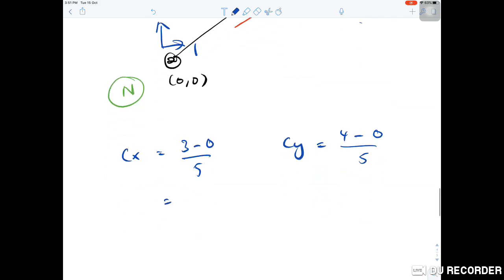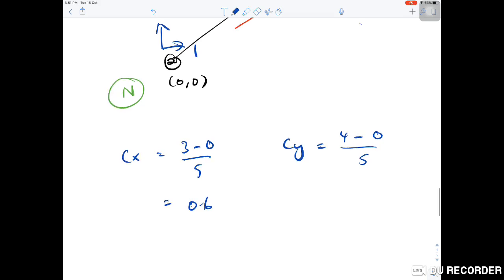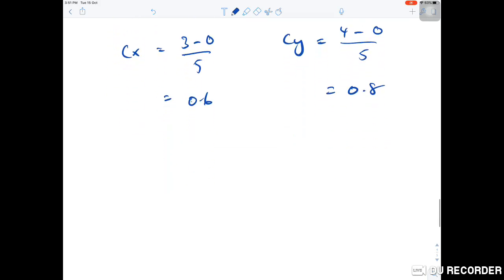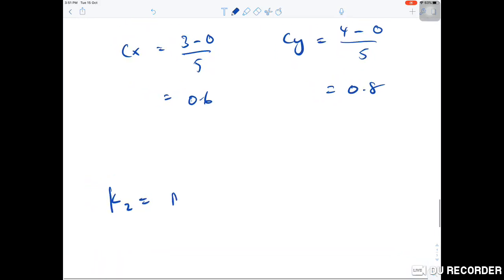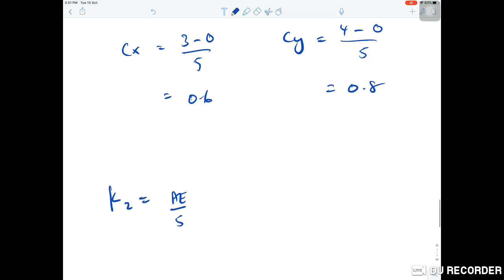So this is equal to 0.6, and this is equal to 0.8. After we determine cx and cy, we establish K2. It is AE over 5.